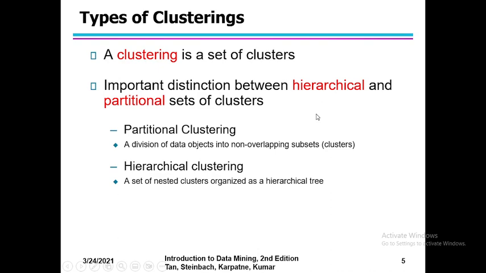Basically, we have hierarchical and partitional. There are two major types of clustering. One is partitional clustering, another is hierarchical clustering. Partitional, as the name itself says, you are trying to partition: a division of the data objects into non-overlapping subsets or non-overlapping clusters.